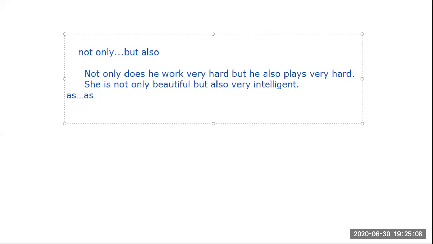Here we're looking at adjectives. Not only beautiful, but also very intelligent.